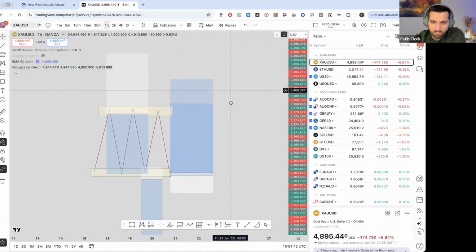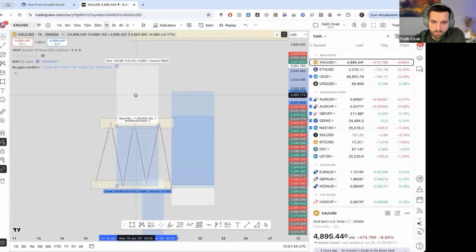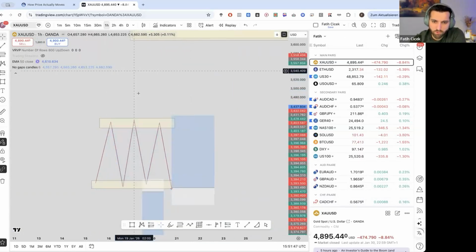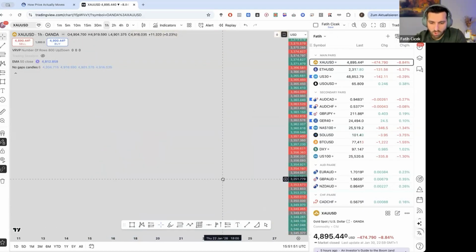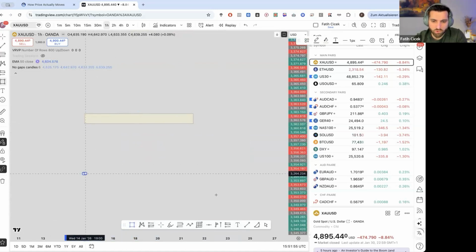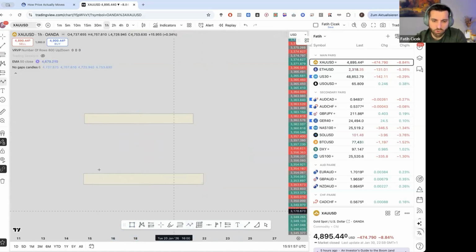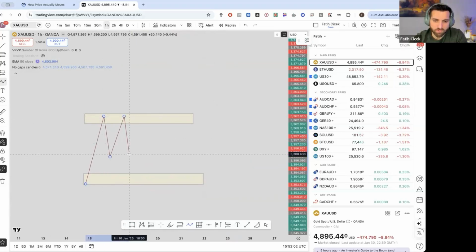In this case, I'm just gonna illustrate, make a new drawing, okay? So imagine that this is a resistance zone and this is your support. How do you know? Because price tapped into this zone, rejected a few times.